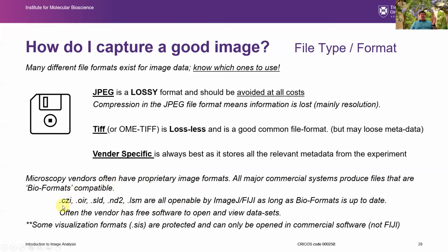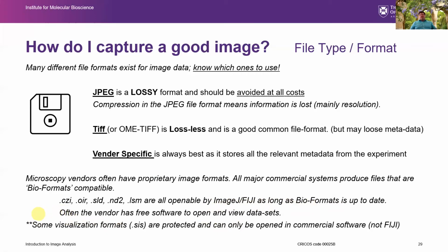All these different microscopy vendor-specific files should be openable in Fiji as long as your Bio-Formats is up to date. Often they have free software available to open them, but it's quite limited.